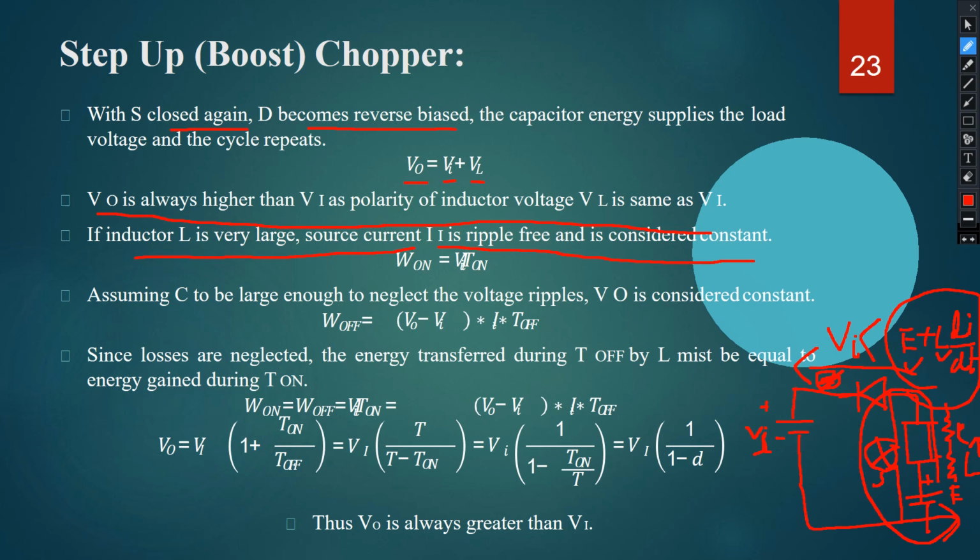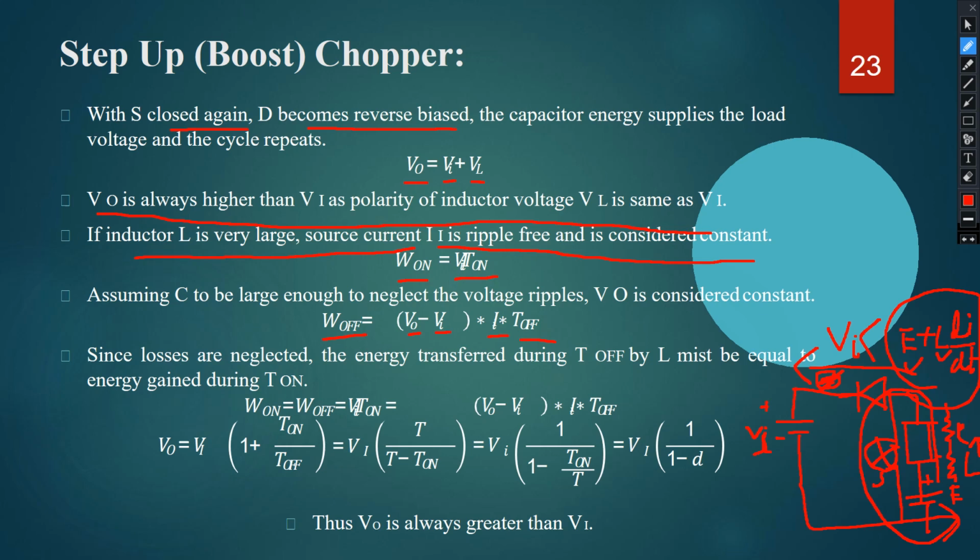So what is the energy during T on? So W1 is equal to Vi into I1 into T on. So what about T off? It should be equal to (V0 minus Vi) into I1 into T off.